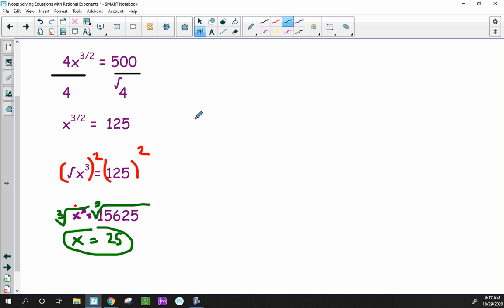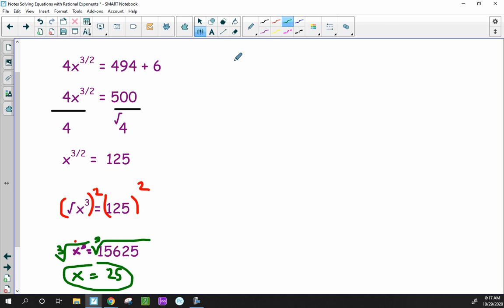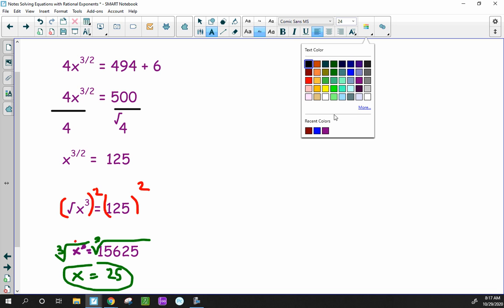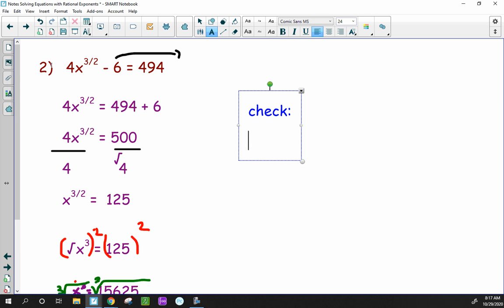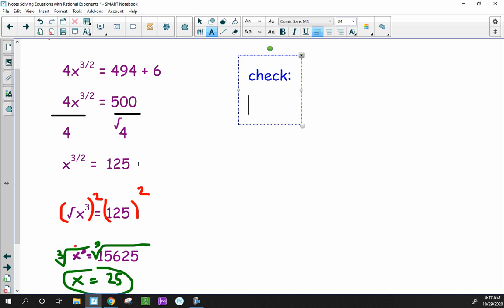So now we're going to go over here and we're going to do a quick check. You can use the first step, the second step, the third step. You can even use this one, and you can use the one with the cube root.